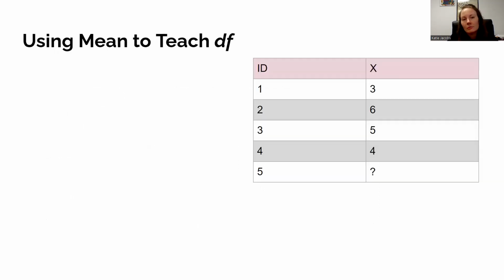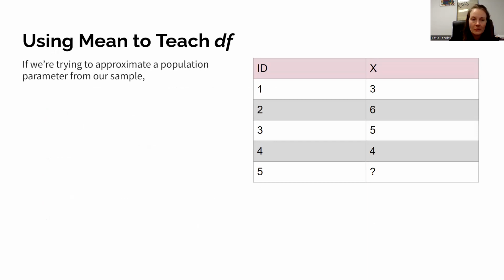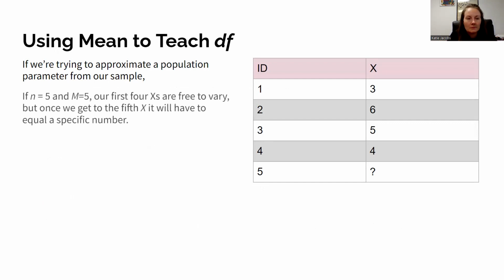Okay, so we can use the mean actually to teach about the degrees of freedom a little bit more. So here we see we have a data set where we have all of the X values except for 1. If we're trying to use a sample to make guesses about a population parameter, so in this situation, we're using a sample to try to get to a population mean.